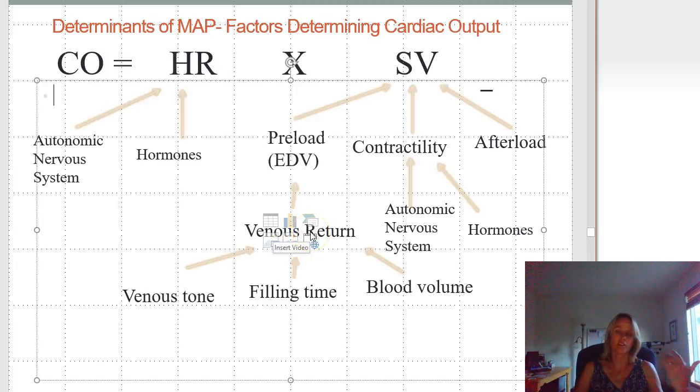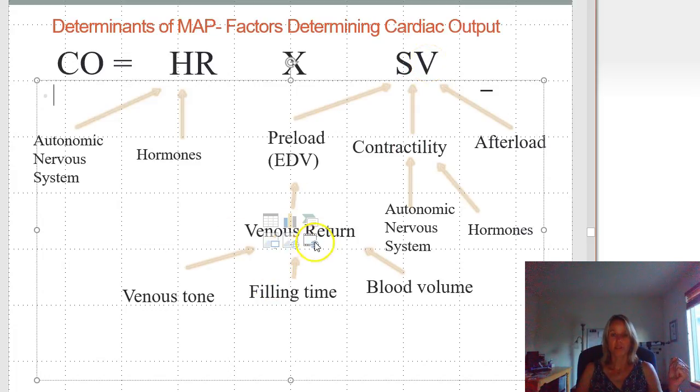So even with an increase in heart rate, we are also going to have an increase in venous tone, and we're also going to have the skeletal muscle pump and the respiratory pump, and that's all going to aid in venous return. Additionally, with exercise, we're going to see an increase in contractility. So that's going to increase the efficiency of the heart to help increase stroke volume.